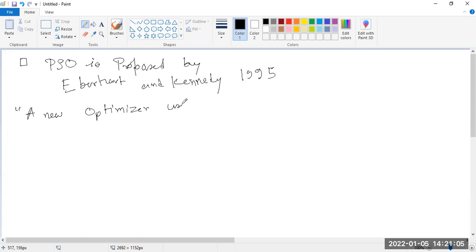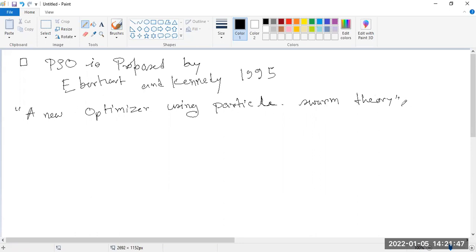This is their actual statement: a new optimizer using particle swarm theory. They proposed this new optimization theory.